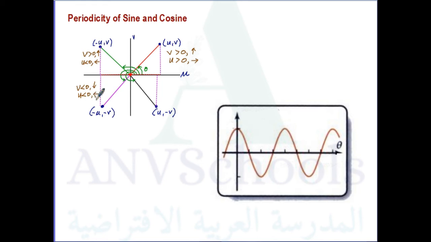So look at the directions. And in here, we have V is less than 0, and it's going down. Now our U is greater than 0, it's going to the right.